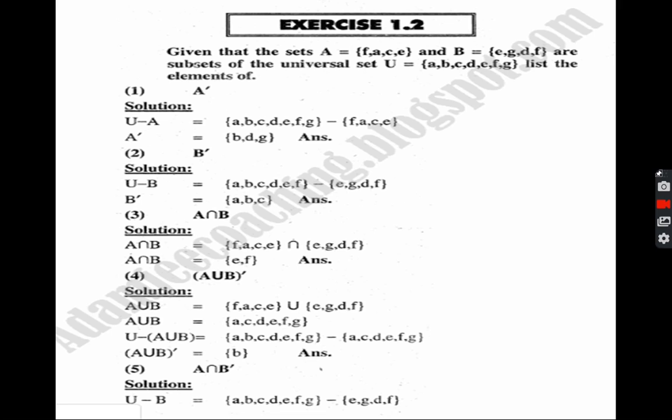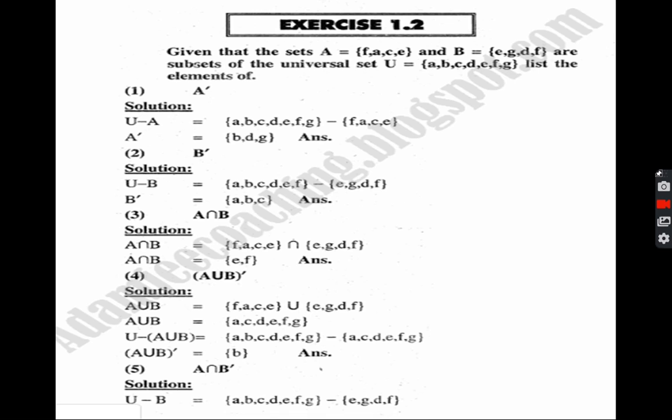This is our answer. Now the third question is A intersect B. In the intersection, जब हम intersection करते हैं तो जो दो सेट्स हैं उनमें से जो सेम होते हैं वो हम लिख देते हैं, वो हमारा आंसर आ जाता है। In the intersection, the elements that are the same in both sets are the answer.